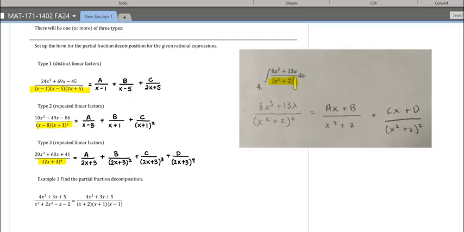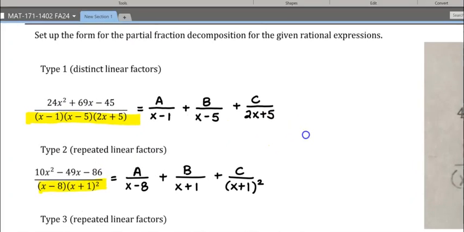Starting over here, when this denominator is completely factored, each one of these factors is linear. Because they're all linear, all of the denominators have degree 1. So I put all of those degree 1 denominators down there.